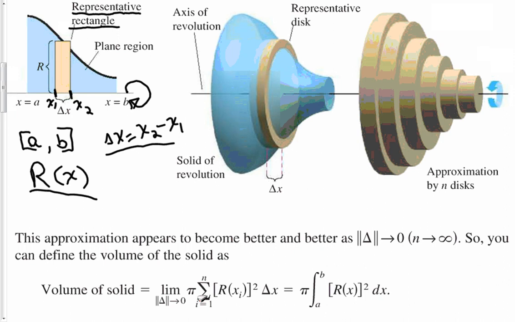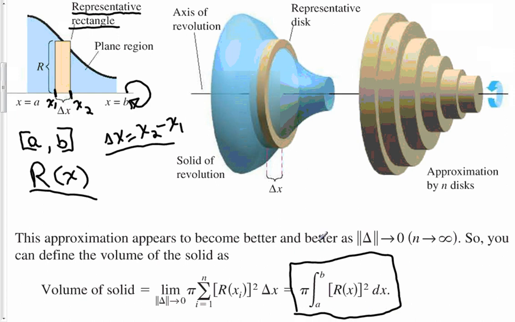So it's the area of the circle, which is pi r squared, times the width, which is delta x, to give you the volume. And this sum just means we're adding all of them up as the limit as delta x approaches 0. That's actually the definition of this integral. So this integral will be all we need to find the volume of a solid of revolution.